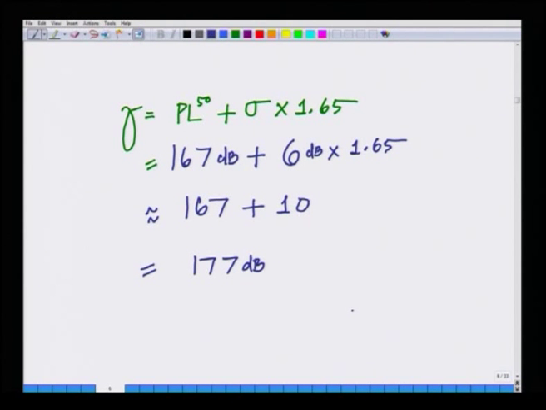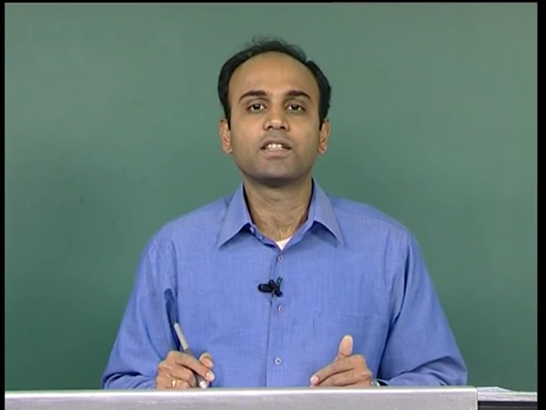Hence, what this example essentially says is that even though the 50th percentile path loss is 167 dB, because of the spread or the randomness, at 50% of the locations it is greater than 167 dB, and at 50% of the locations it is less than 167 dB.